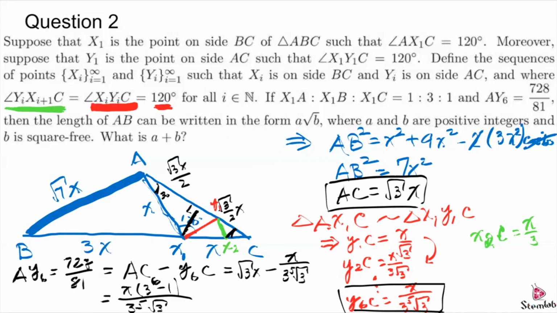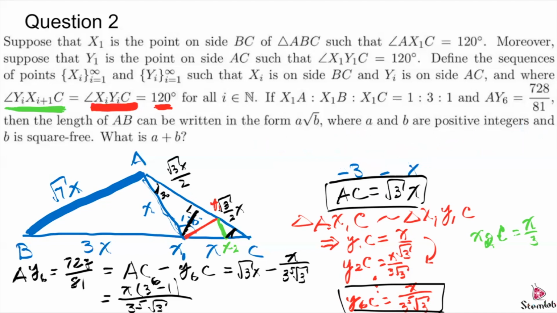So if you notice that that's just 728, those two things cancel, right? And we basically have 3 to the 5th root 3 over 81, which is 3 to the 4th, is equal to x.